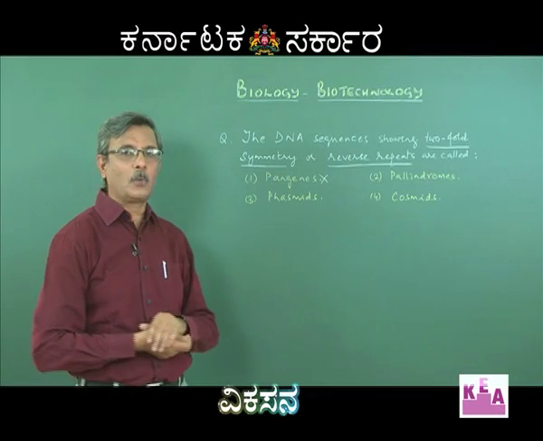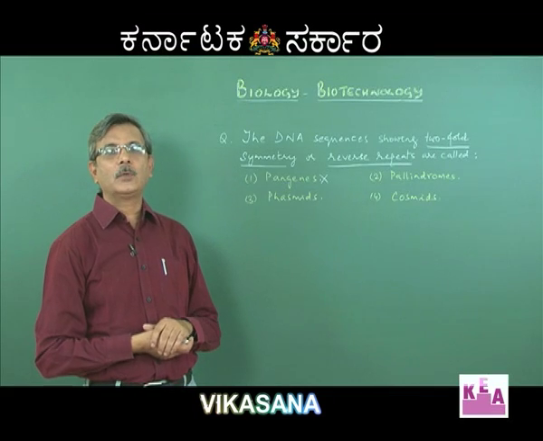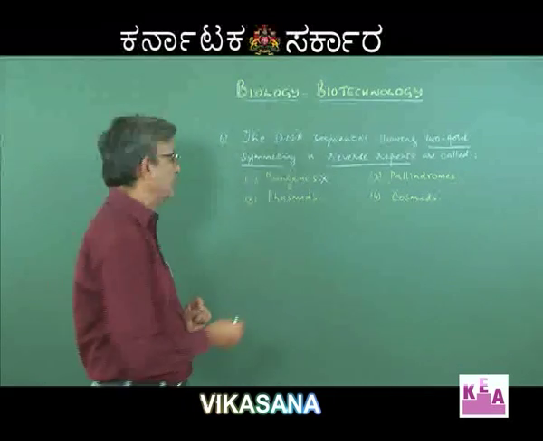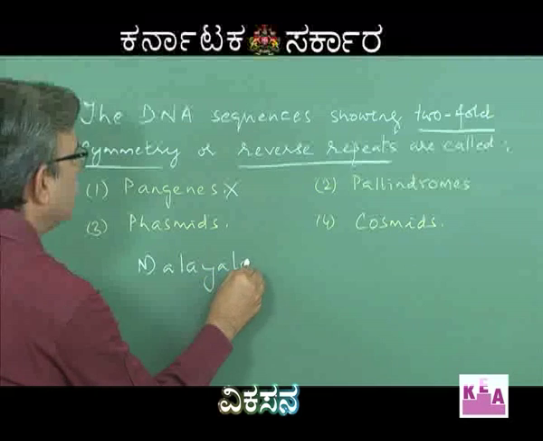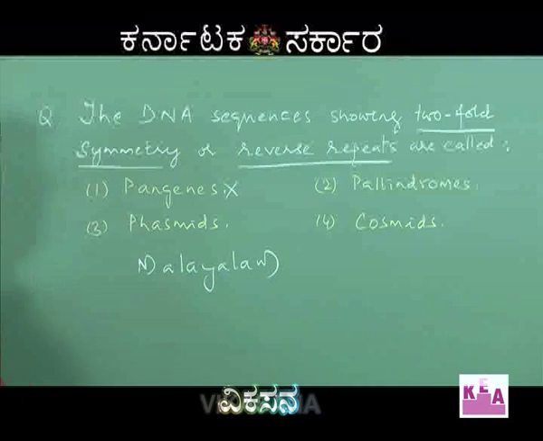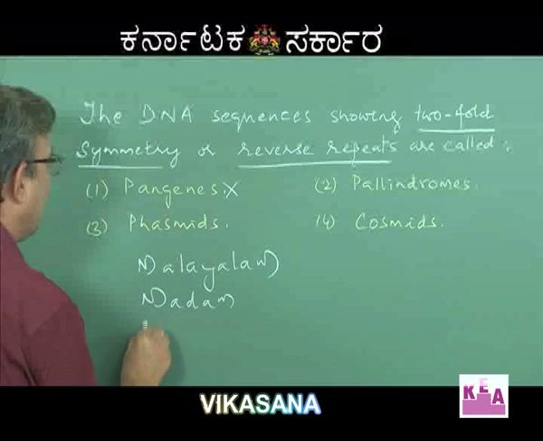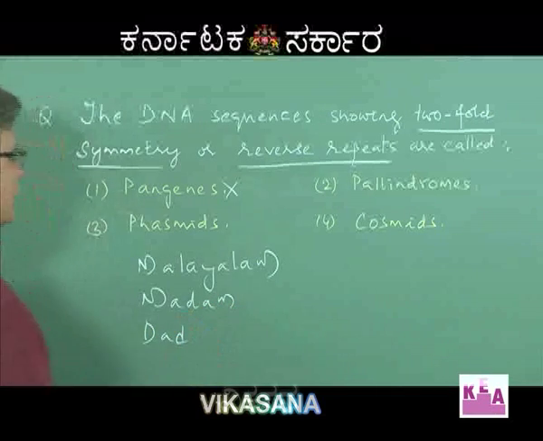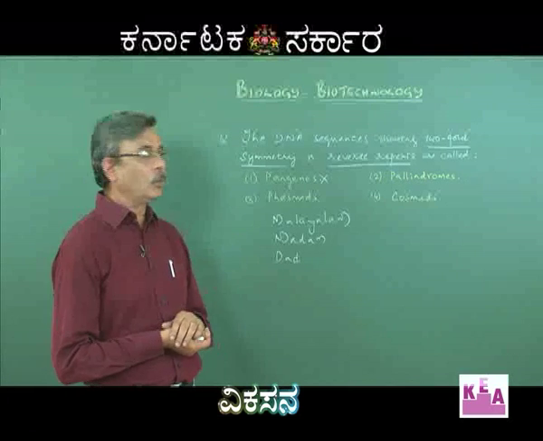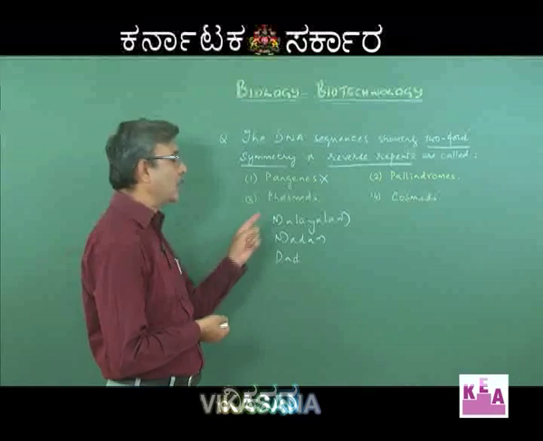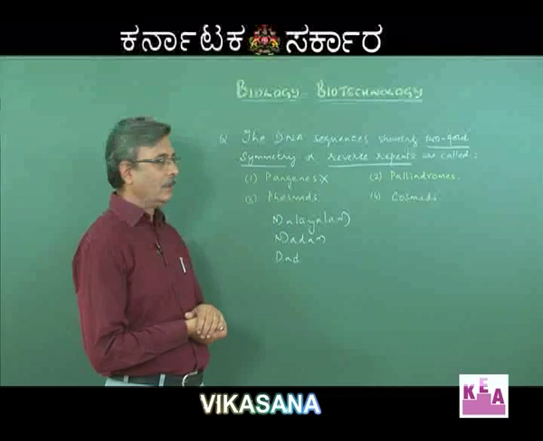Second option, we come to palindromes. I hope all of you have heard of words like Malayalam, Madam, Dad. What is so special about this? Here if you look into the spelling of the word, from both sides, they spell the same.